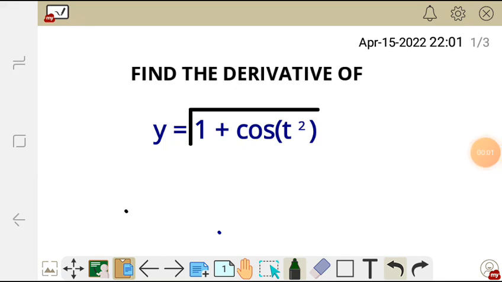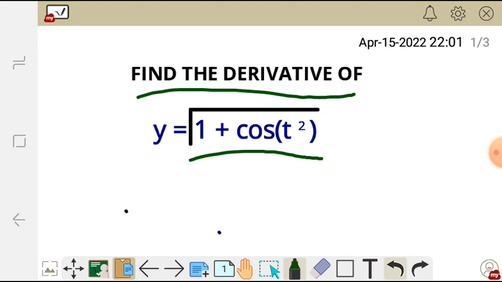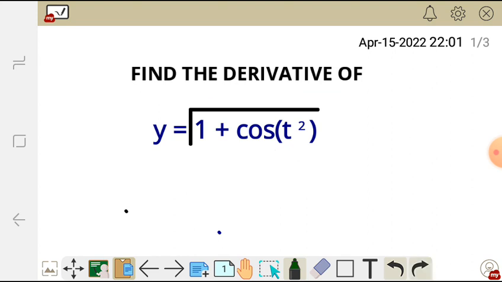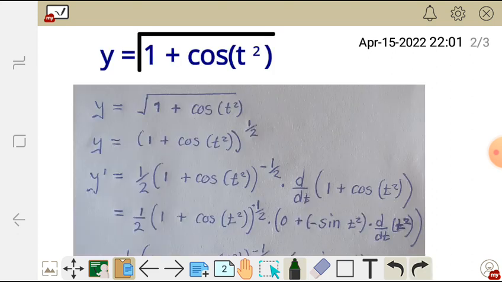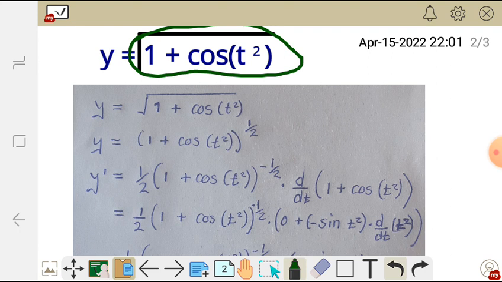Hello there. Let's find the derivative of y equals the square root of 1 plus cos t squared. To find the derivative of this function, we first need to change this into an exponential function, so we convert the root to a power.